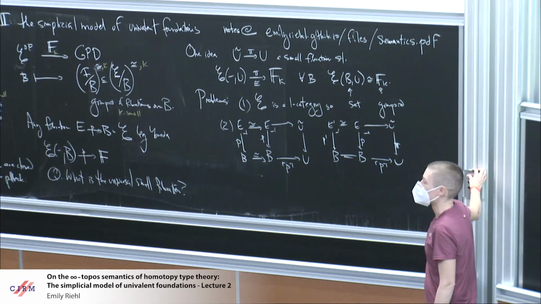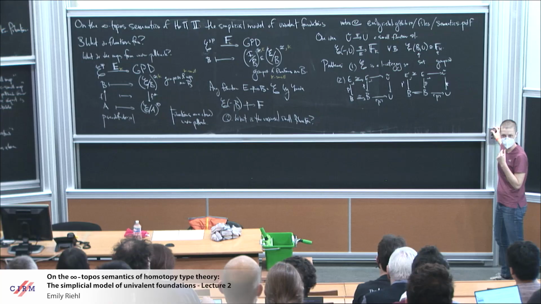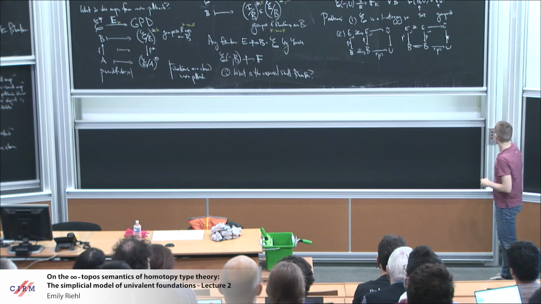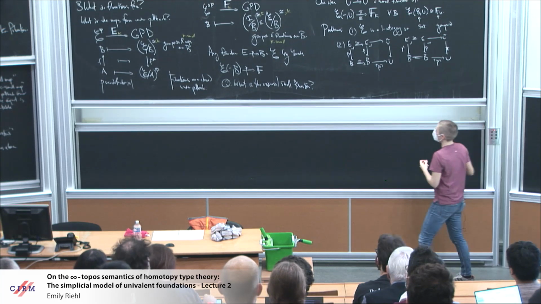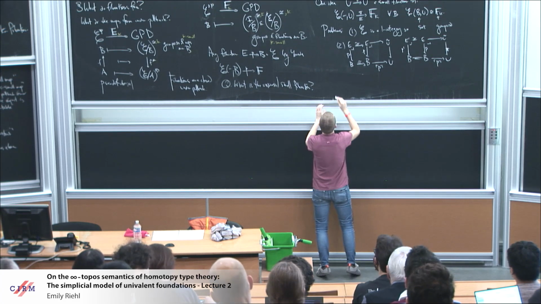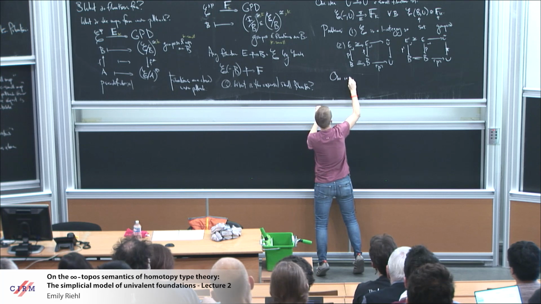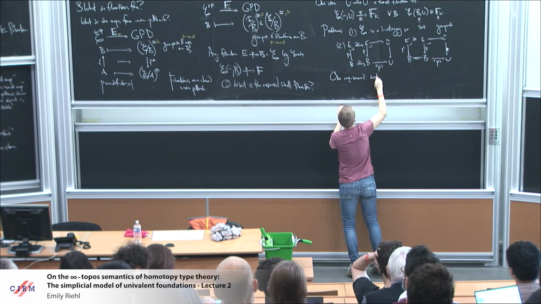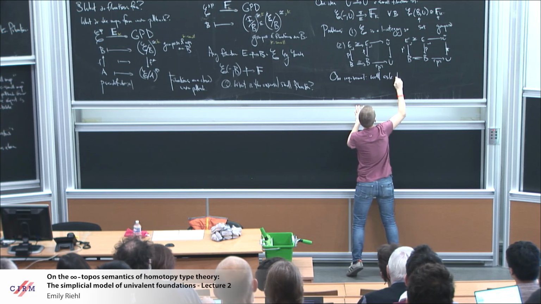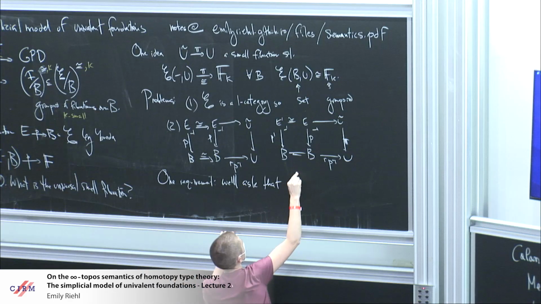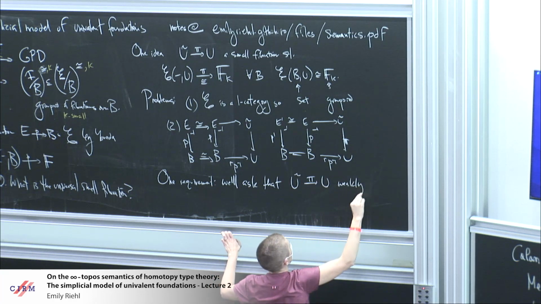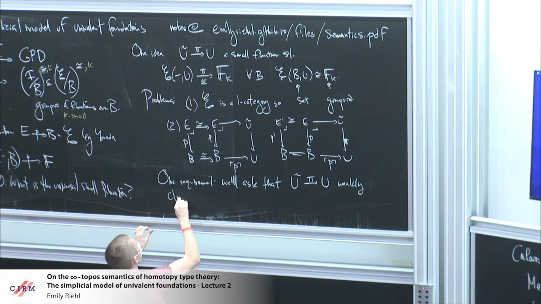So this begs the question of what I am going to mean by a universal fibration, and I'll give the definition now. One requirement I'll make before we lose this board is that we'll ask that our universal fibration weakly classifies small fibrations.